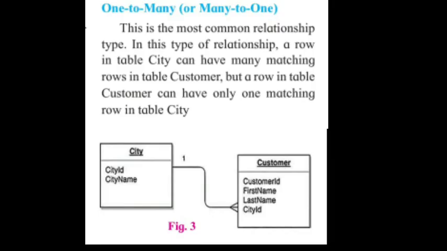Now guys, we are going to focus on another relationship called one-to-many, or we can also say many-to-one relationship. This is the most common relationship type. In this type of relationship, a row in a table city can have many matching rows in a table customer, but a row in a table customer can have only one matching row in a table city.